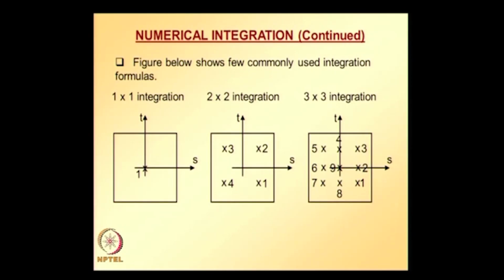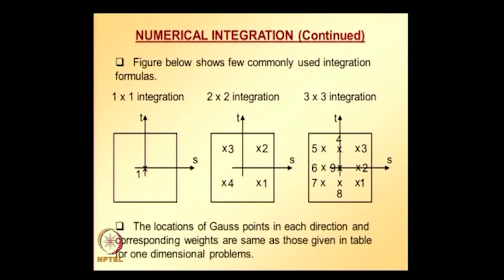If it is 3 by 3 integration, 3 points along the s direction, 3 points along the t direction, and the locations of Gauss points in each direction and the corresponding weights are the same as those given in the table for one dimensional problems, which we already looked at. So, they are repeated here for more integration points.